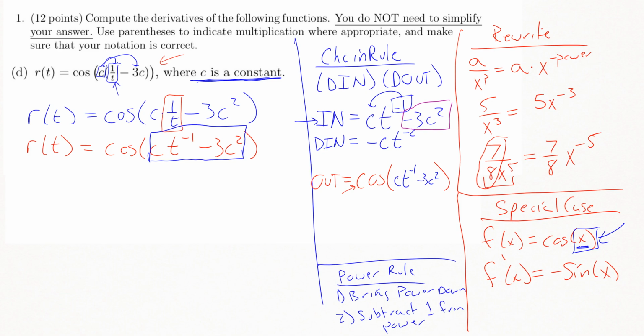It's -3 is a number, c squared is just a number. So it's a crazy looking number, but it's no different than asking you to take the derivative of any other constant. And remind yourself, the derivative of a constant, a number by itself, is always 0. So essentially, we have a plus 0 going on at the end there. So our dn is really just that front piece, the -c times t to the -2.